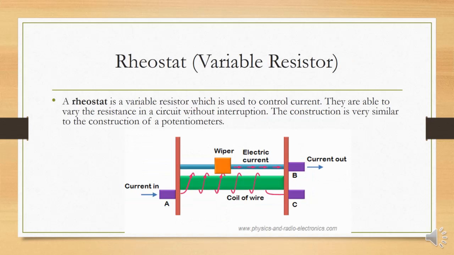The rheostat is a variable resistor, and again it depends upon the length of the wire. As you can see, the wire winds on the green cylinder, starting from A, a kind of loop on the green cylinder, and ending at C. So from A to C is the length of the wire, the coil of wire.